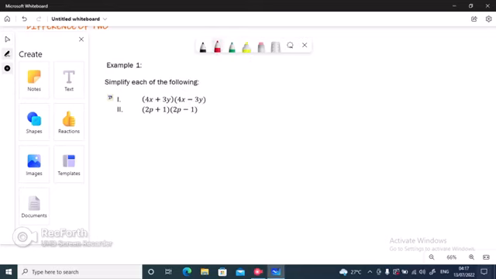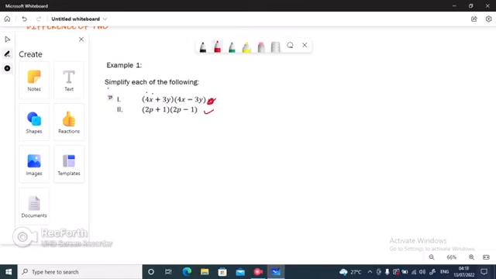So this question here, let's solve this. Let's simplify each of the following. That is, you have to simplify this and this.